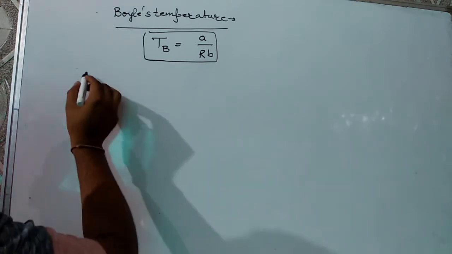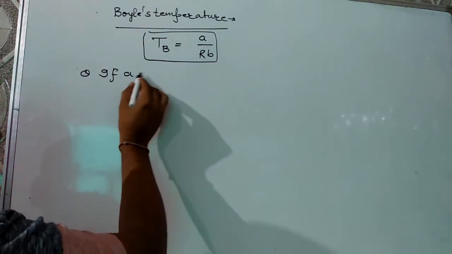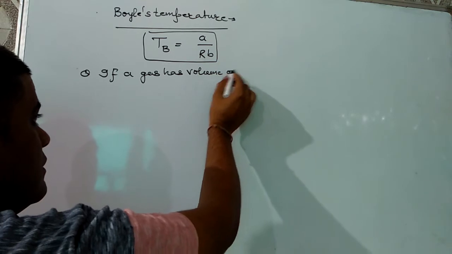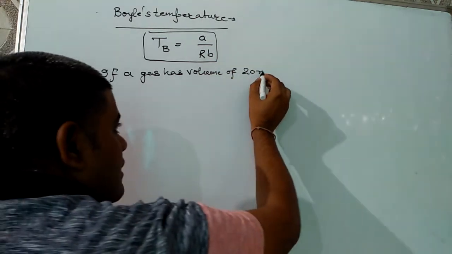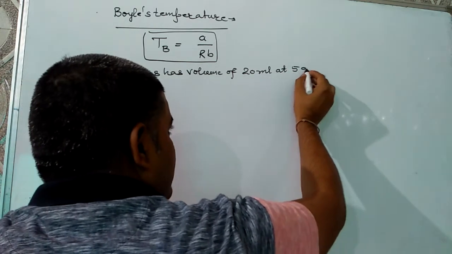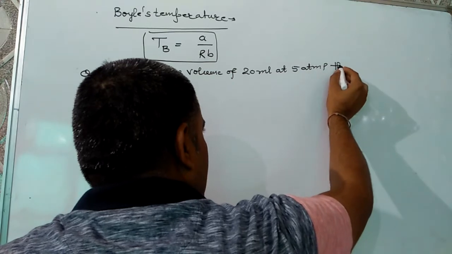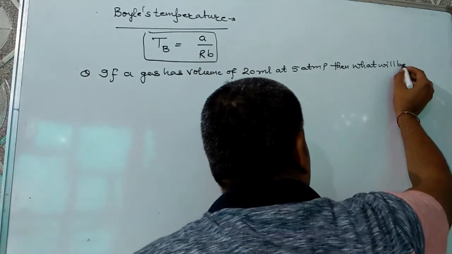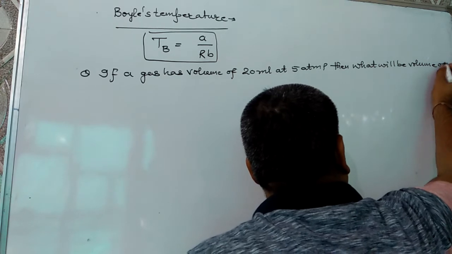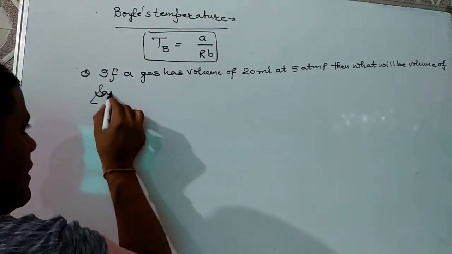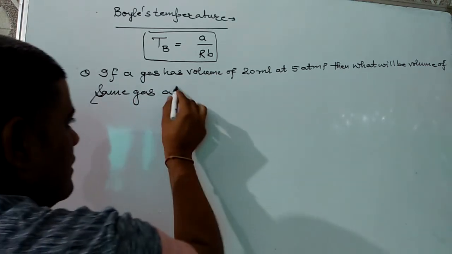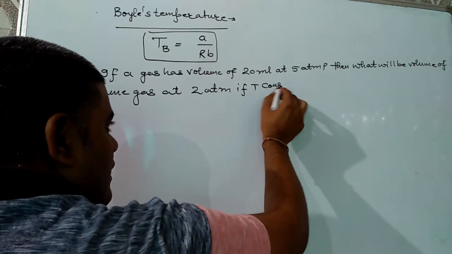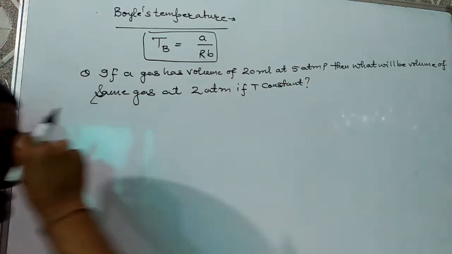A question may be there: if a gas has a volume of 20 ml at 5 atmospheric pressure, then what will be the volume of the same gas at 2 atmospheric pressure if temperature remains constant?